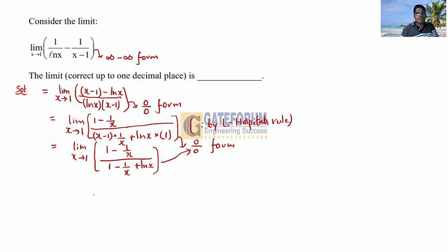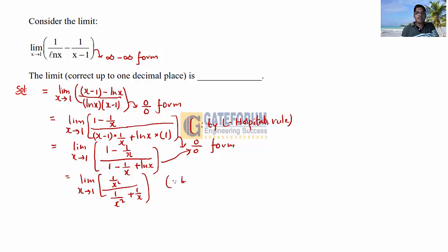This is again 0 by 0 form, equal to limit x extends to 1. 1 derivative is 0. 1 by x derivative with respect to x is minus 1 by x square. There is already a minus, so this is 1 by x square, whole divided by 1 derivative 0, plus 1 by x square, log x derivative 1 by x.